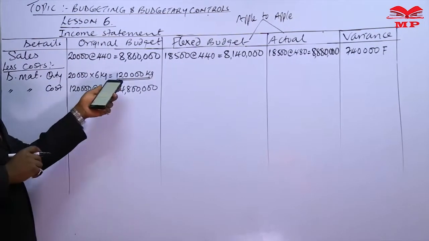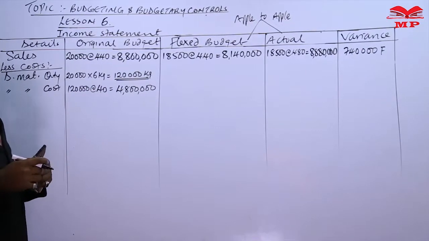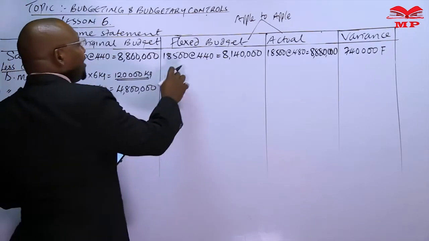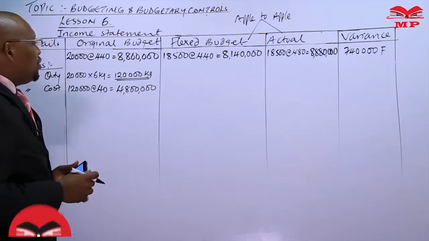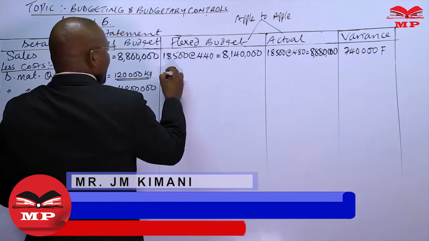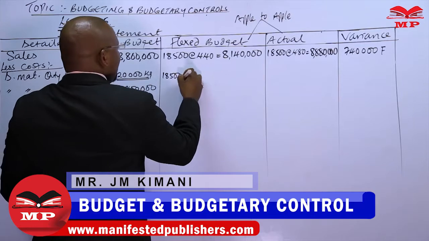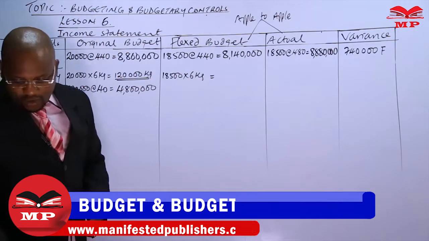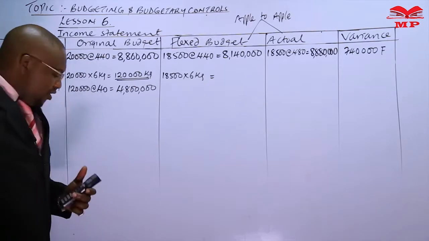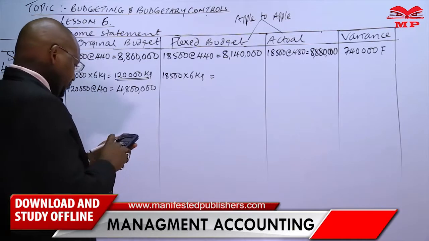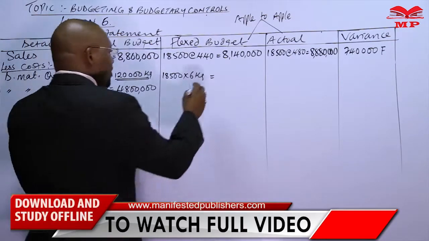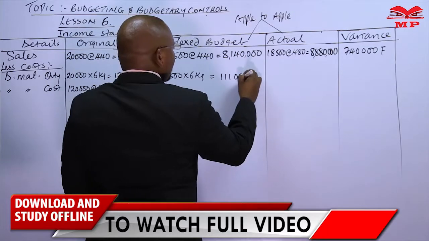So I've shown you first of all the budgeted quantity, and I have now the budget cost of 4.8 million. Then I have the flexible budget. To produce 18,500 we need 6 kgs. This is going to give us the required quantity: 18,500 multiplied by 6 is 111,000 kgs.